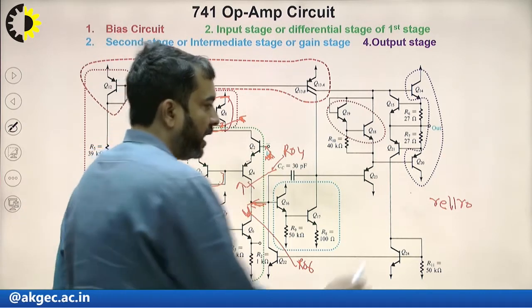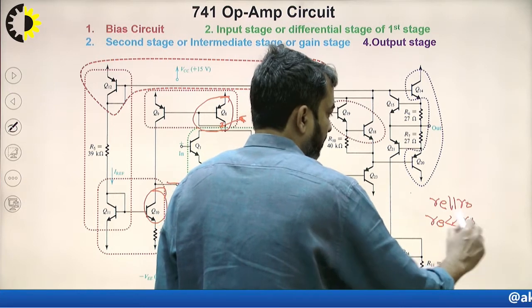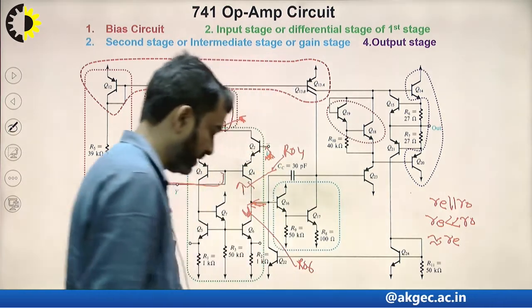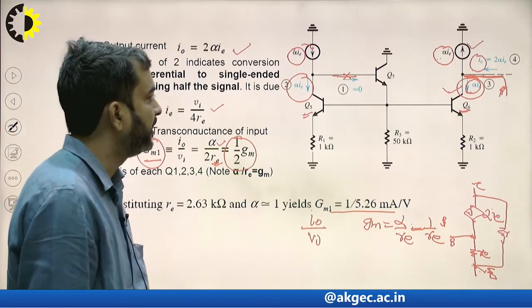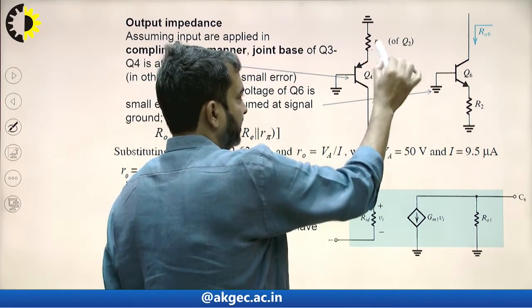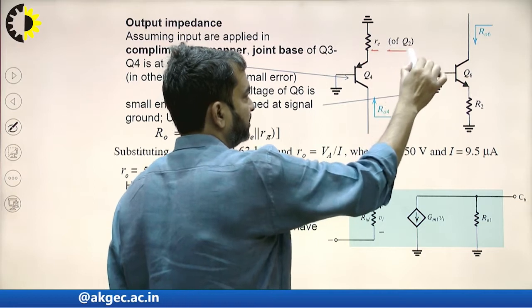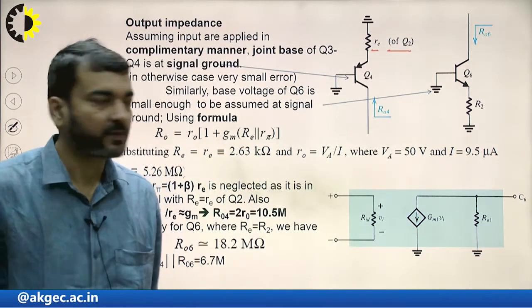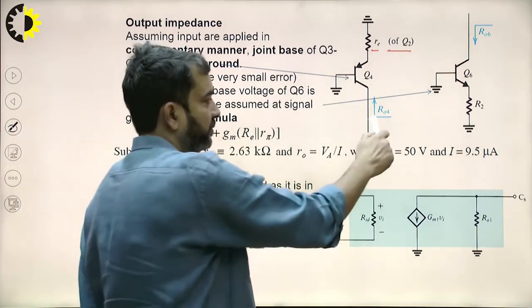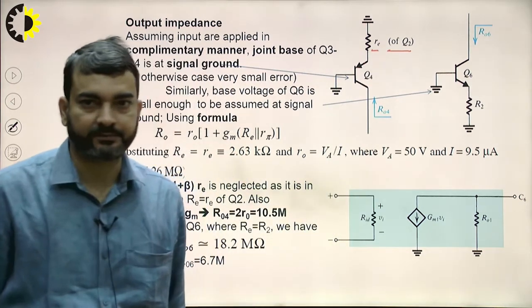We know Re is much smaller than R0, so the effective resistance will be Re. In this diagram, I have mentioned the effective emitter resistance in the emitter of Q4 is Re of transistor Q2, and its base is grounded and this terminal is grounded, so we will be able to calculate the output impedance at this point very easily.